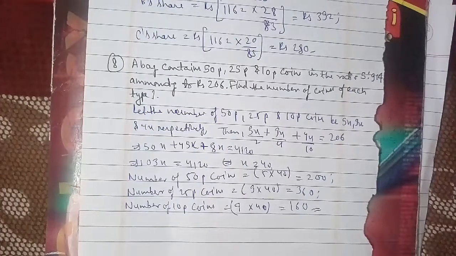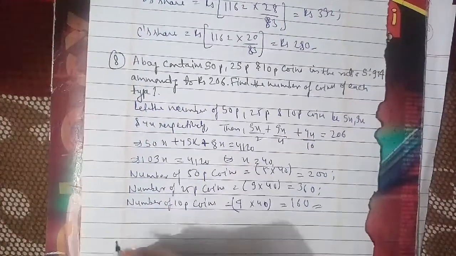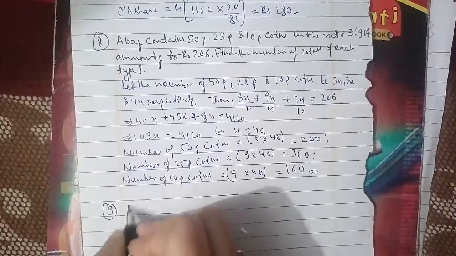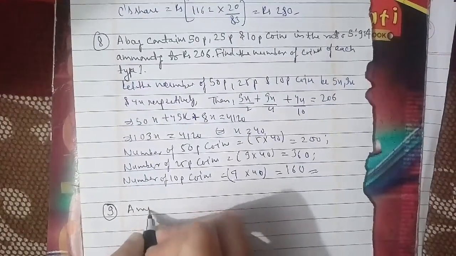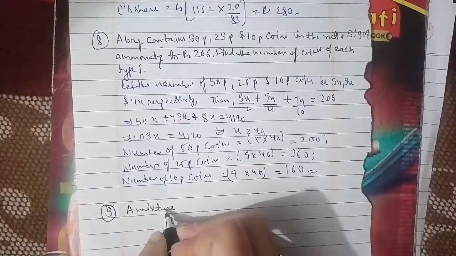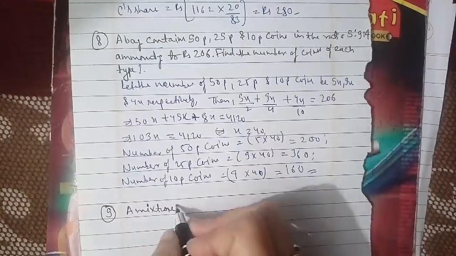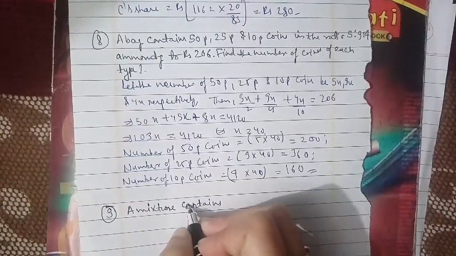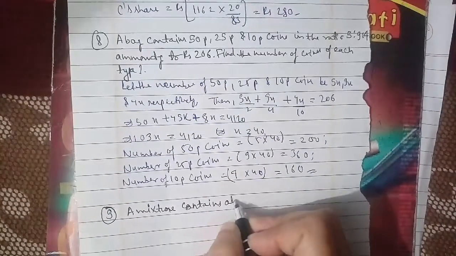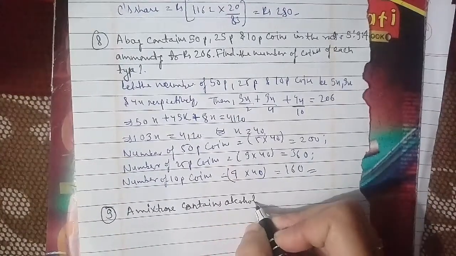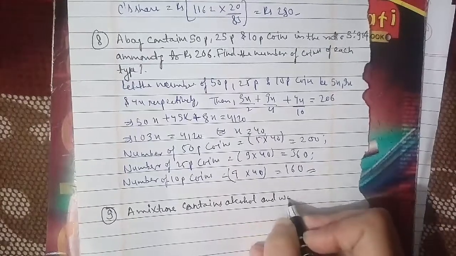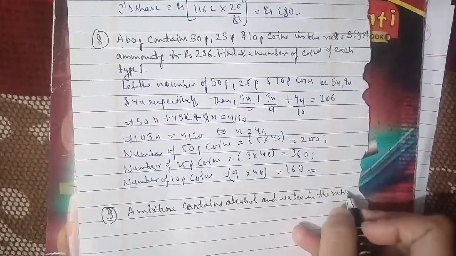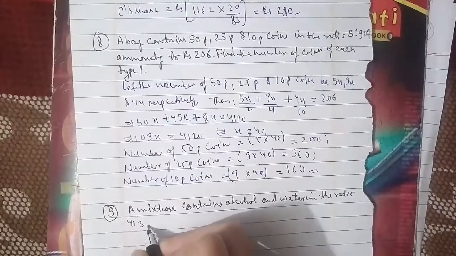Now we talk about another question, which is the 9th question of the session. The question is: a mixture contains alcohol and water in the ratio 4:3.